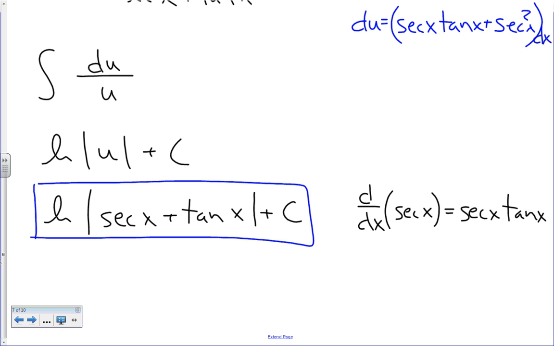So again, the nice thing about keeping it in this form is that the derivative involves secant and tangent, and the antiderivative involves the exact same trig functions, secant and tangent. So if you remember your rules for the derivatives of secant, it'll help you remember the rule for the antiderivative of secant.